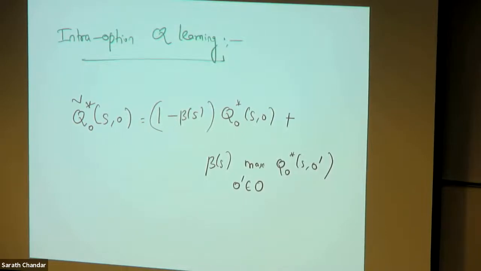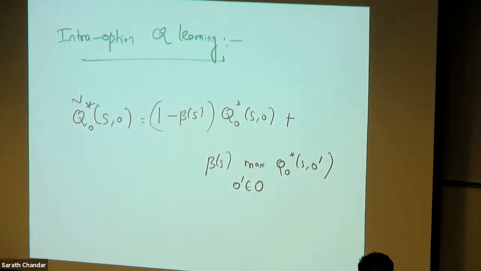Now, what does this mean? At each state, let's say I start taking an option. We know that beta of S is a termination condition.